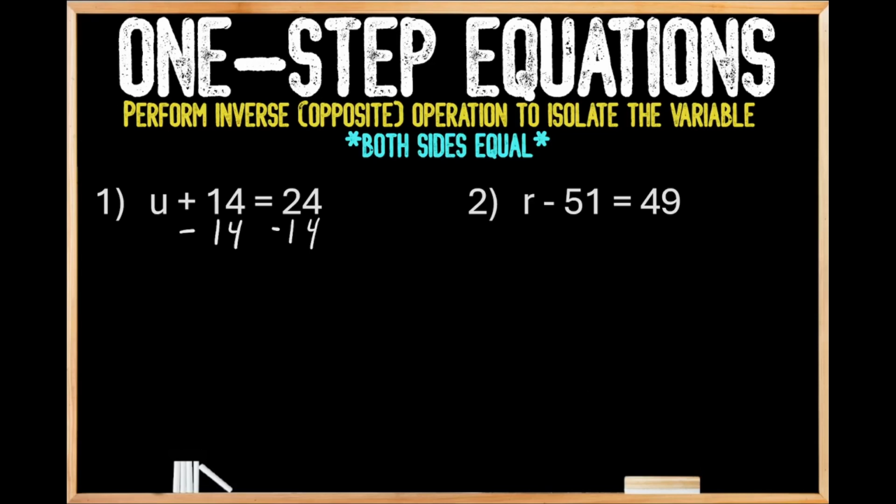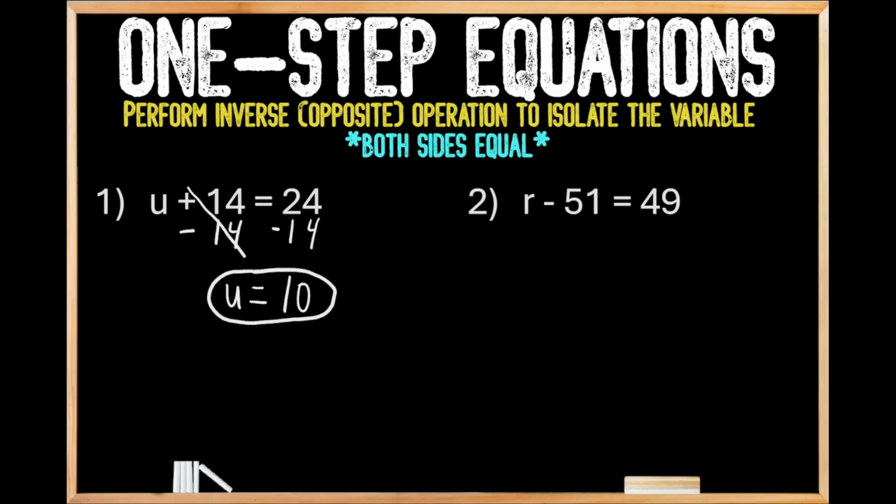Now working through the left-hand side here, adding 14 and subtracting 14 is going to cancel each other out. So that means that our variable of u is now isolated. And then for the right-hand side, we're going to subtract 14 from 24, which we know is going to give us 10. So that means that u is equal to 10.